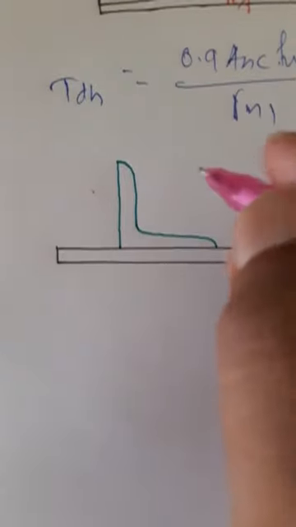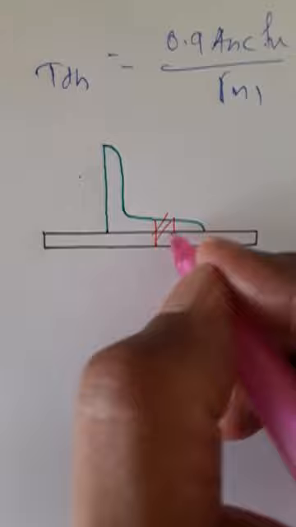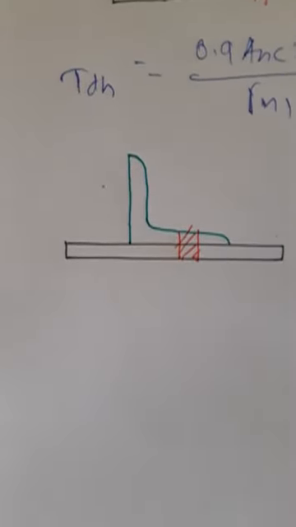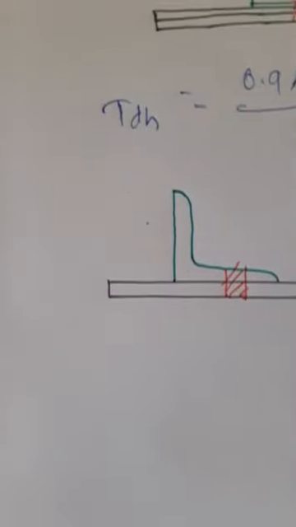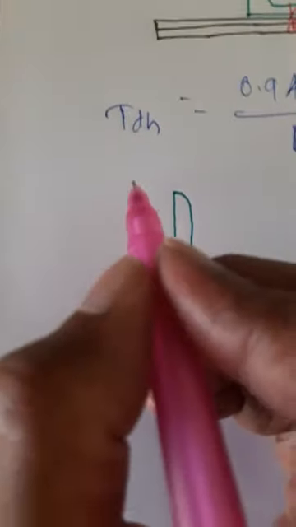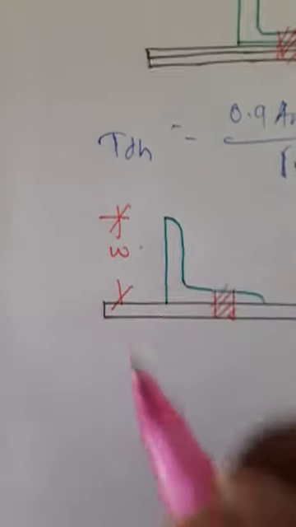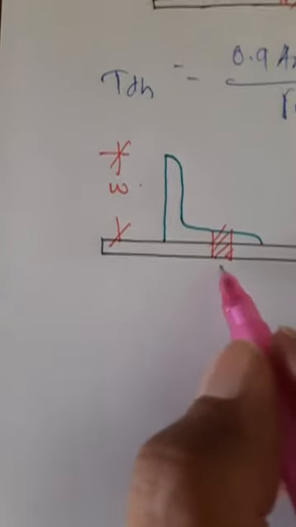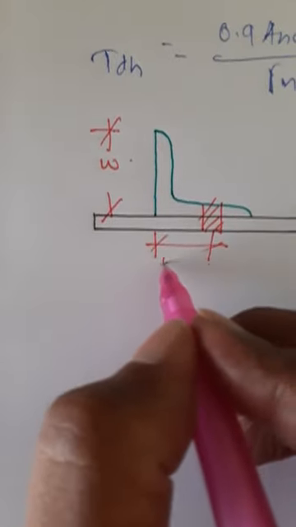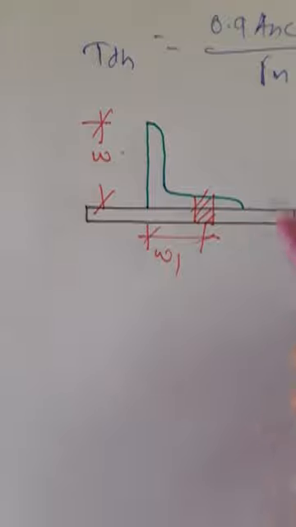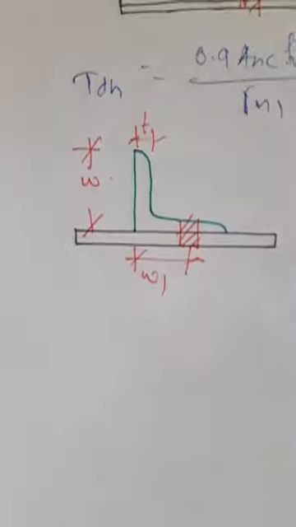First let me consider a bolted connection. Suppose you are providing bolts here. In that case this is the unconnected length or outstanding leg, and that is denoted by W. Next, the distance from the center of the bolt hole to this end is WL. Let the thickness of the angle be T.